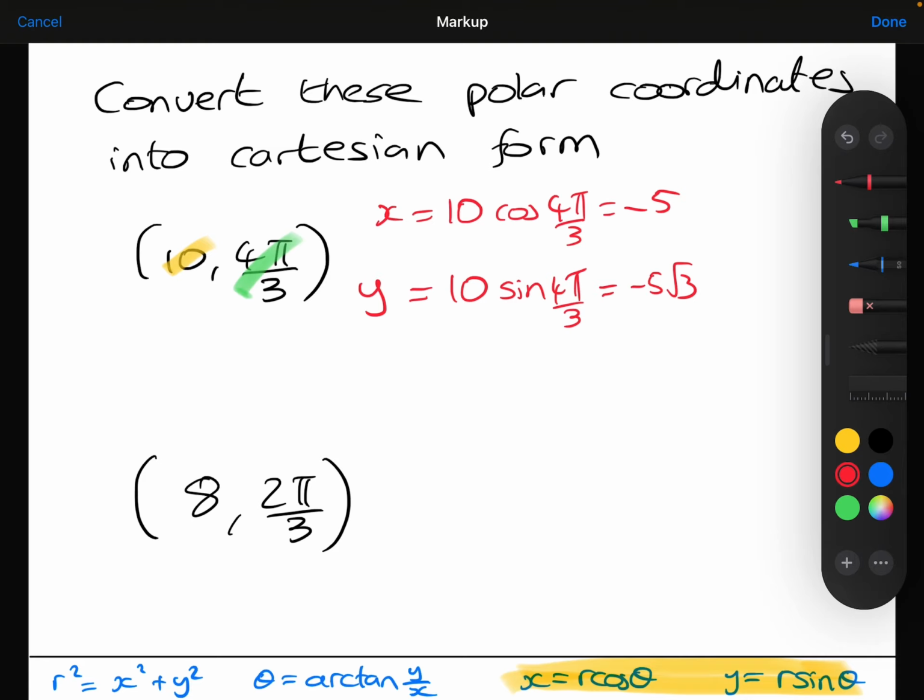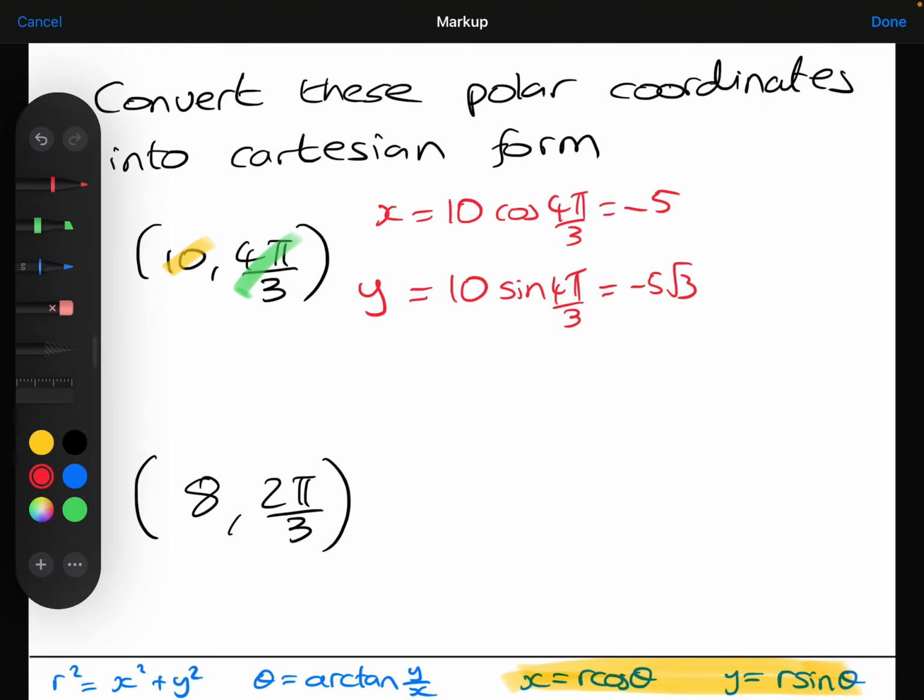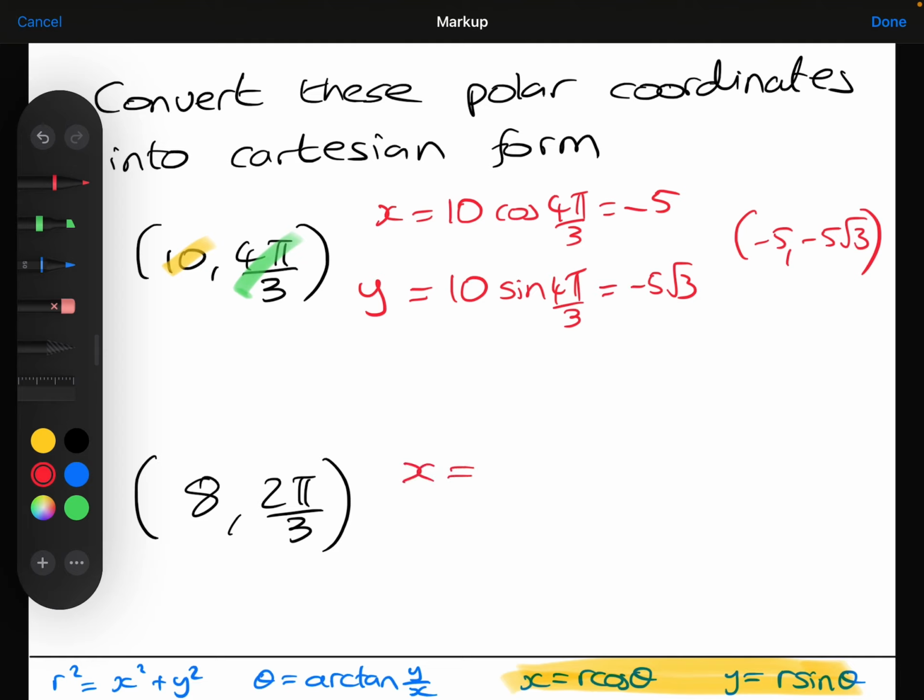So in Cartesian form then, this coordinate is minus 5, minus 5 root 3. Next one, same idea, x equals r cos theta, which is minus 4. y equals r sine theta, which is 4 root 3.